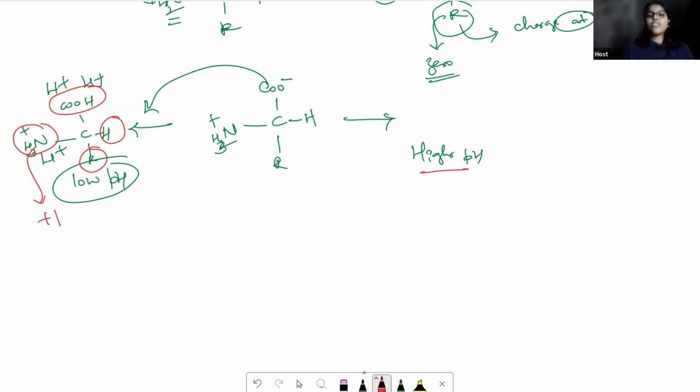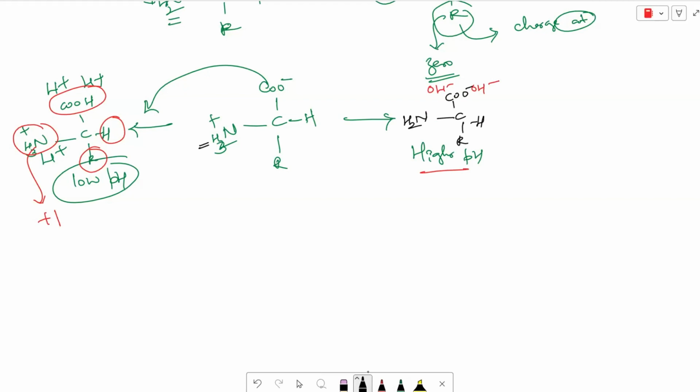In the higher pH, which ions will be abundant? OH minus is abundant. If you look at how the amino acid will take up, this COO minus has already given up the H plus. Even NH3 plus will give up the H plus. So what's the charge on the amino acid in the higher pH? -1.